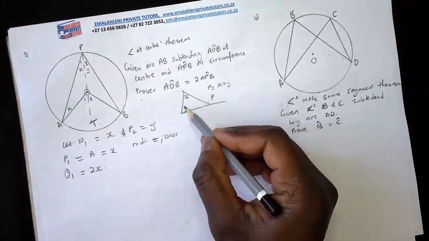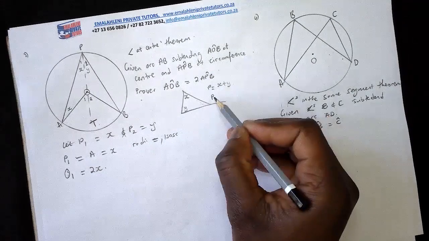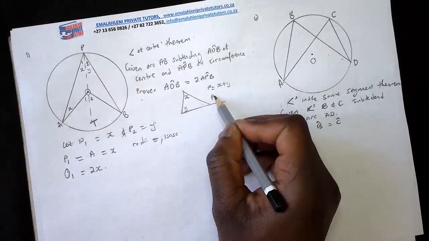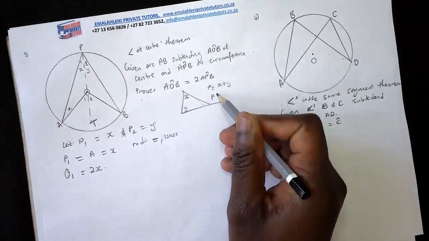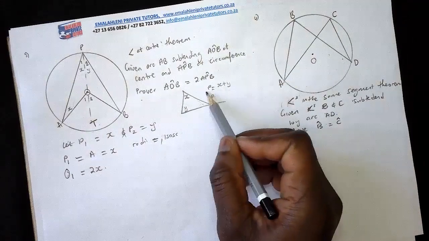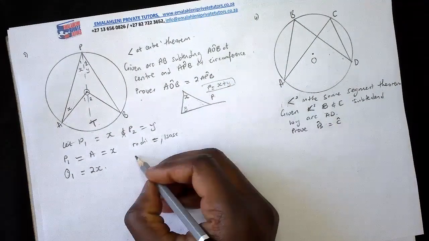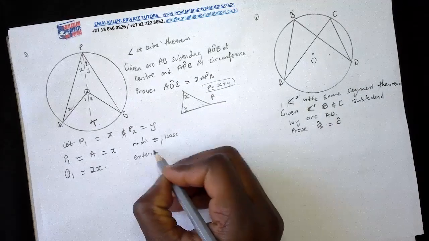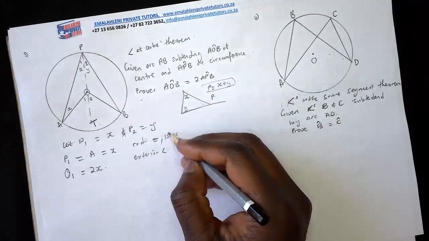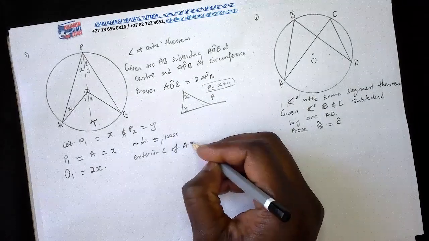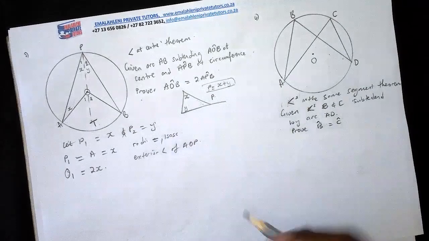We add this to this one here to get 180. We also add this P to the angle here to get 180. So that's why you must remember this theorem. What does it say? It says the exterior angle of triangle AOP. That's what we have.